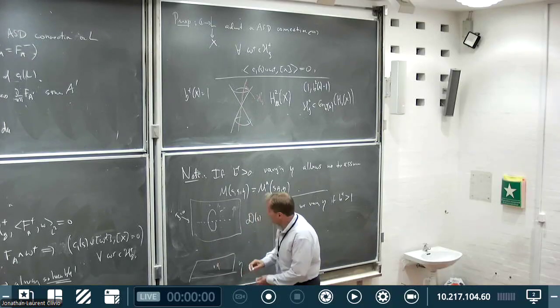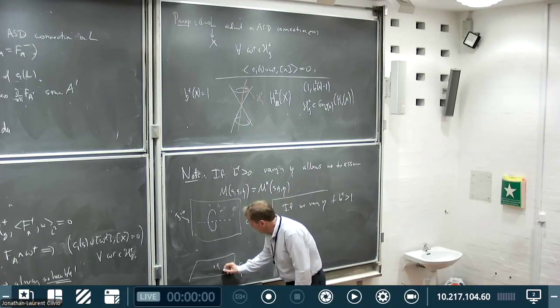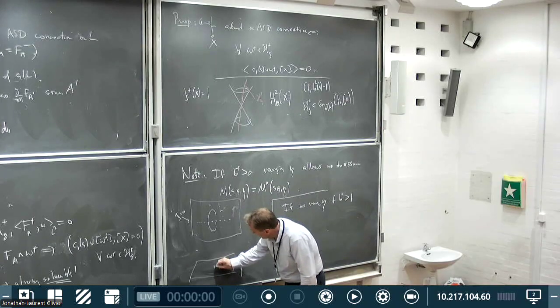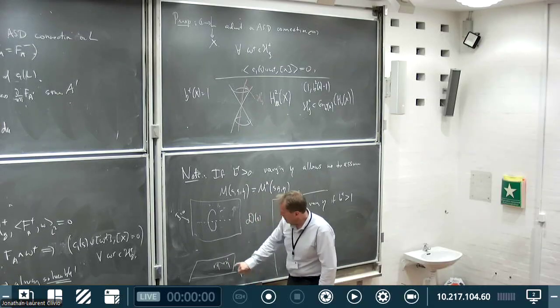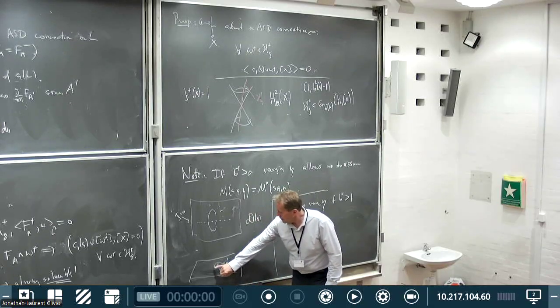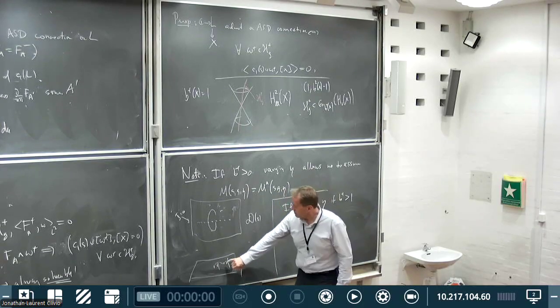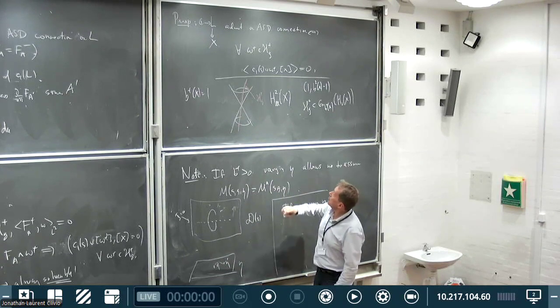Here's my given eta, and as I vary with an eta prime, I have to worry in this one parameter family, is there a solution where phi equals 0? If b plus equals 1, that can happen.